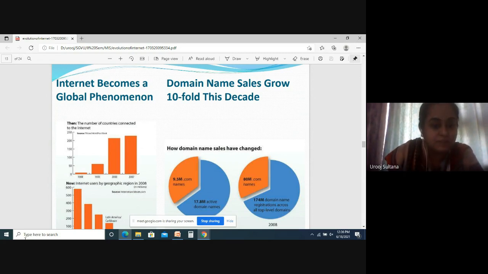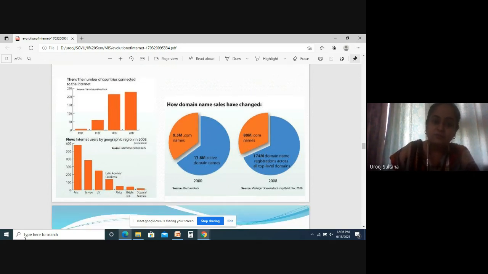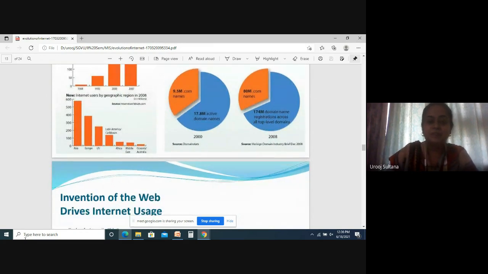Then in 2000, we were having more than 200 countries using internet. Then in 2017, the graph shows how domain name sales grew 10 fold this decade. Even users are trying to book the domain in their own names. So internet is a wide thing nowadays.